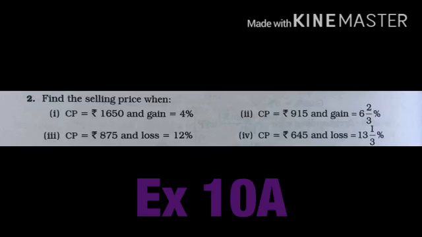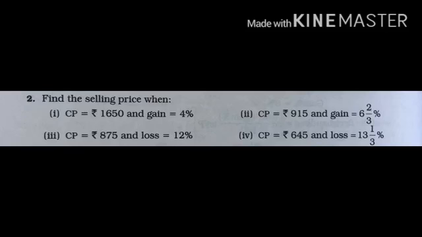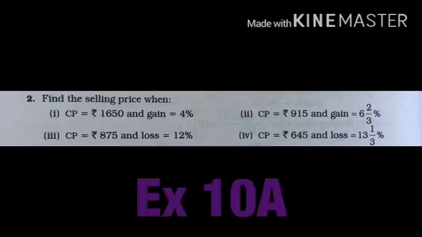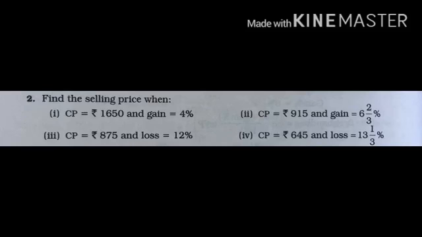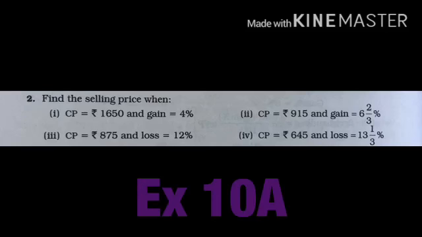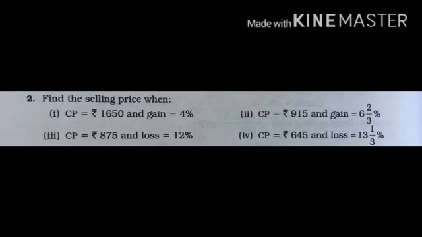Or two, you have to find out the gain in rupees. So gain is equal to 4% of CP. Then you have to calculate the 4% of CP, you get the gain in rupees, then selling price is equal to cost price plus profit.